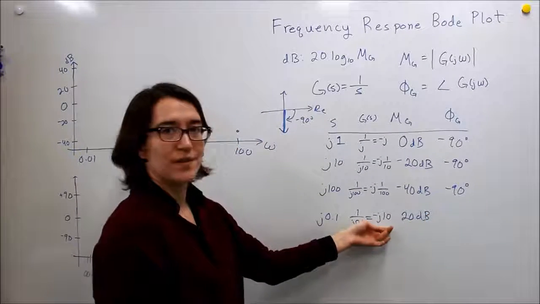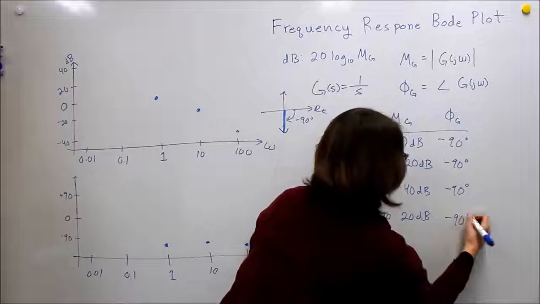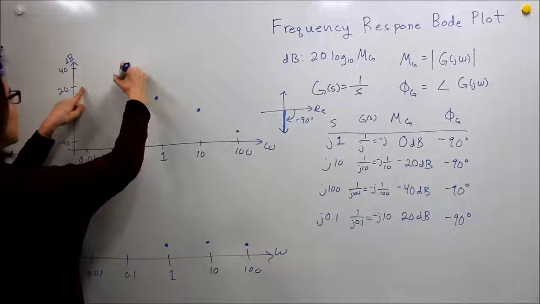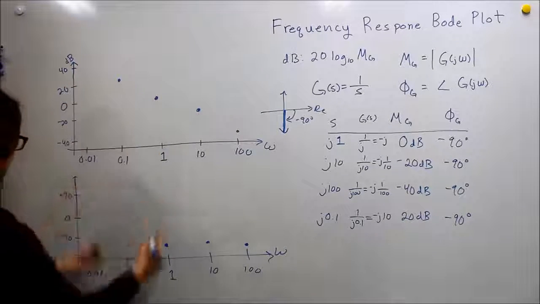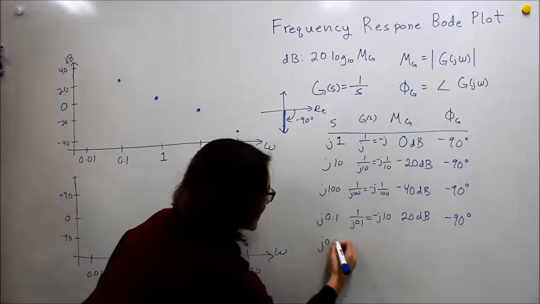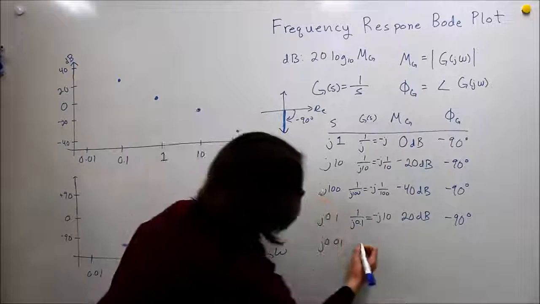And again, angle, still negative 90. Okay, so here's 0.1. Here we are, somewhere in here, and negative 90. We'll write it out, but you can do the steps for the very last point. You will see a nice trend.